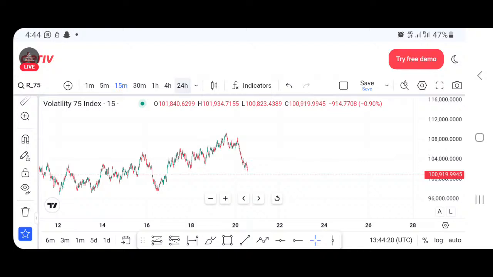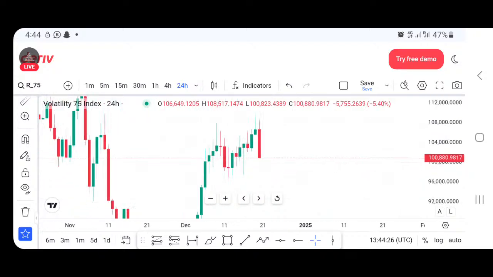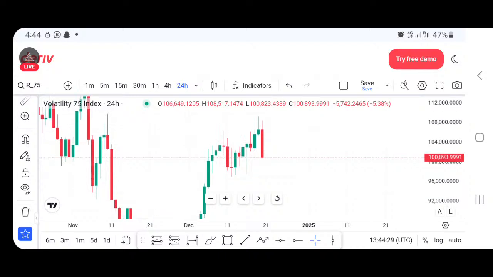So what you have to do, you have to come to the daily time frame. When you come on a daily time frame, it is going to give us a bias. The daily time frame is the one which gives us what? A bias. Now the daily candlestick shows us we have what? A red candle here.